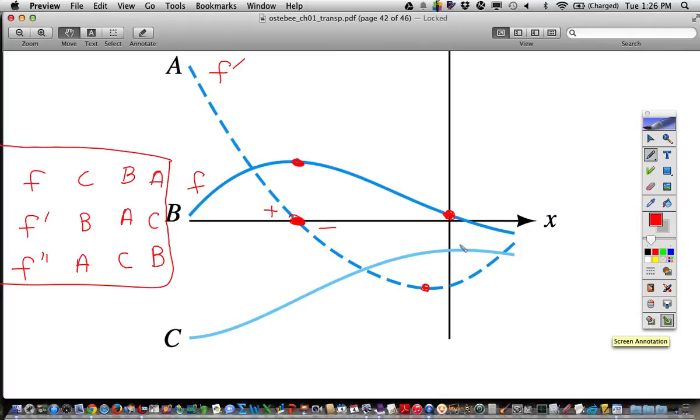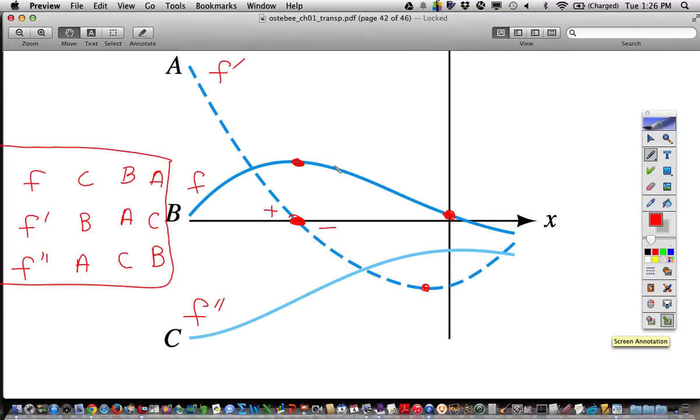What you have to then look at is, does that make sense that this is F double prime? F double prime is all about being positive and negative, right? So if F double prime is here, it's below the x-axis the whole time, which means F double prime is negative. What do you know if F double prime is always negative? F has to be concave down the whole time.